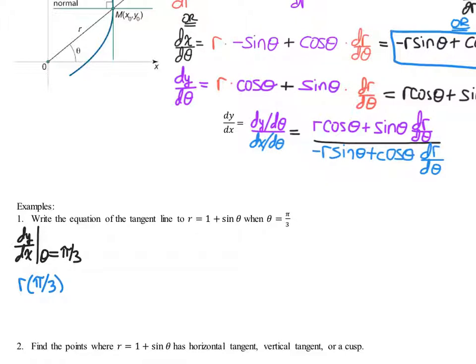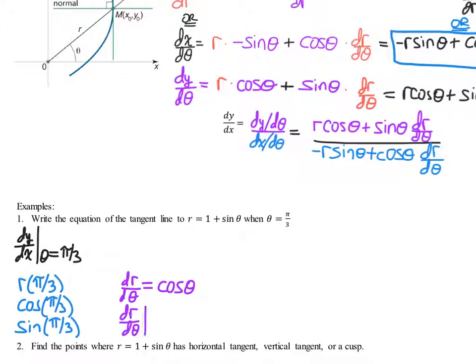Then I'd figure out the cosine and sine of pi over 3. And then I would need the derivative at pi over 3. I would make a note, dr d theta is equal to cosine of theta. But then I would say dr d theta at theta equals pi over 3.